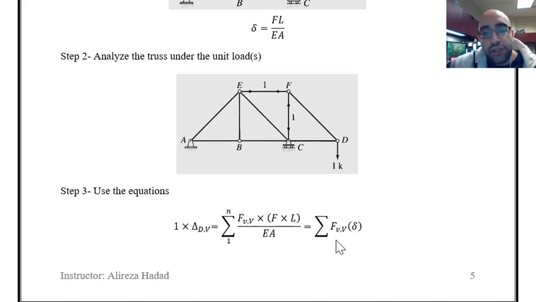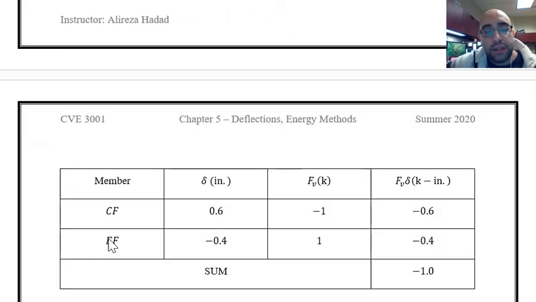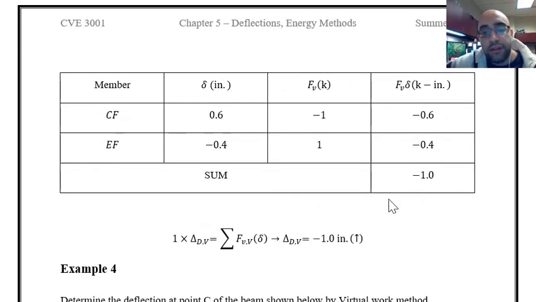Having this equation, I have to list the members that are experiencing the error length or the change in the length, and I have to also include the forces that we have in those members because of the virtual loading. Once we have this, we can simply multiply them together and return it to the equation that we have, and by doing this, I can find the deflection at point D as -1 inches.